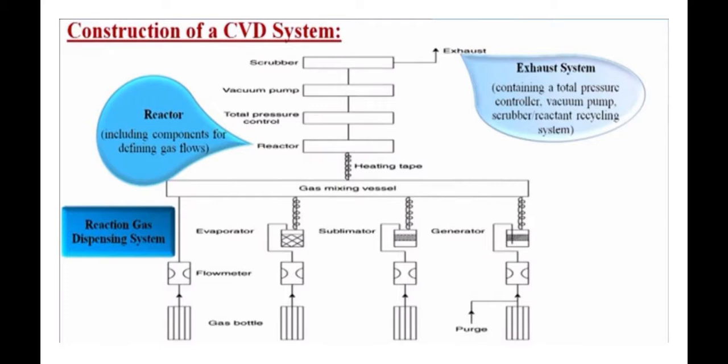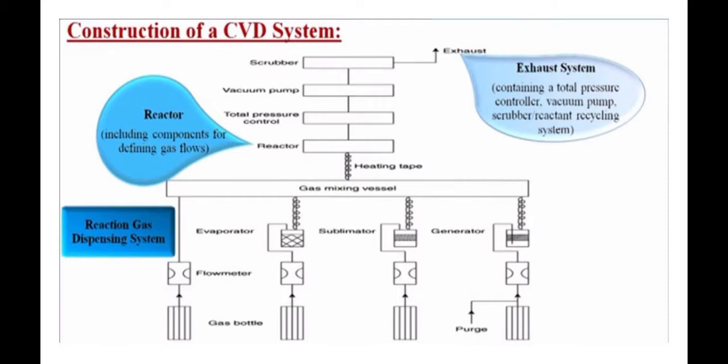because we have a flow meter, a gas bottle, then a sublimator, a generator, and we also have an evaporator. The thing is that when the mixing takes place, if there is any humidity, it can remove that humidity.